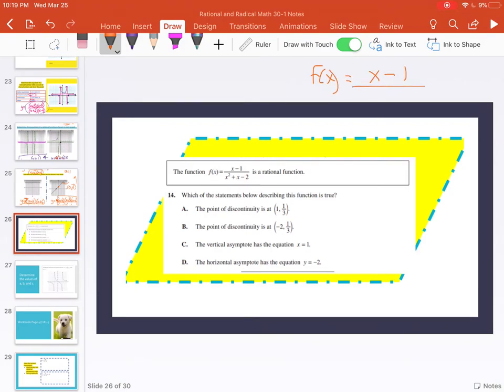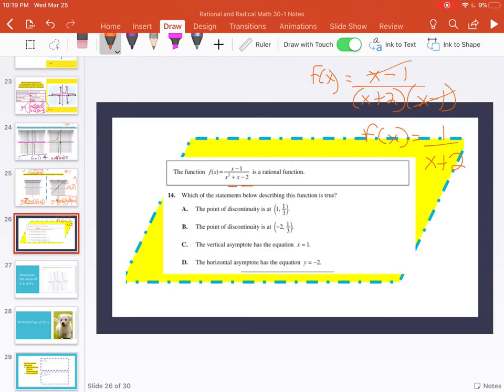So two numbers that multiply to give me negative 2 and add to give me positive 1 are x plus 2 and x minus 1. So the x minus 1's cancel out, which just leaves me with f at x equals 1 over x plus 2. So it says the point of discontinuity is at 1 and 1 over 3.